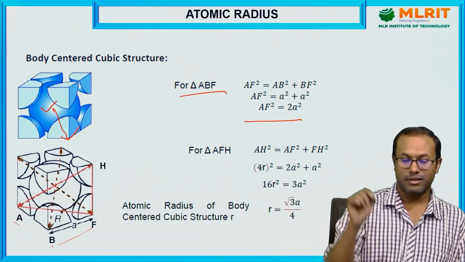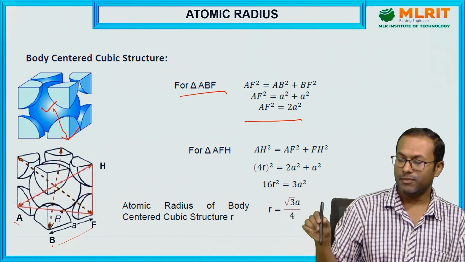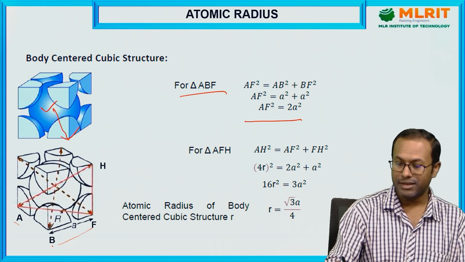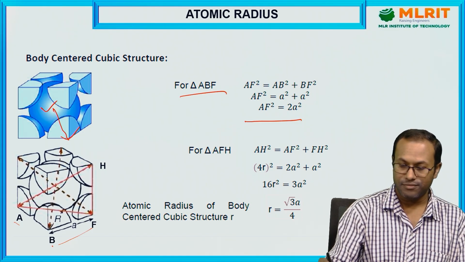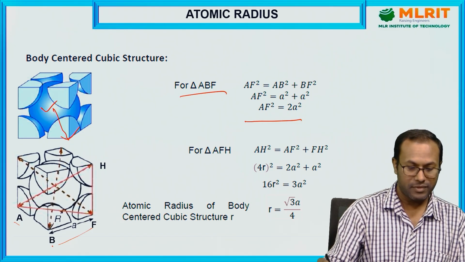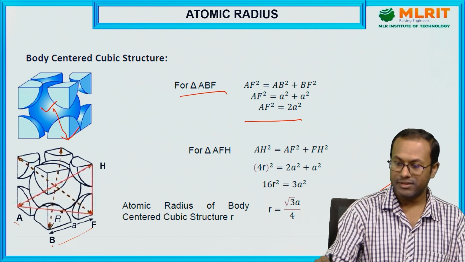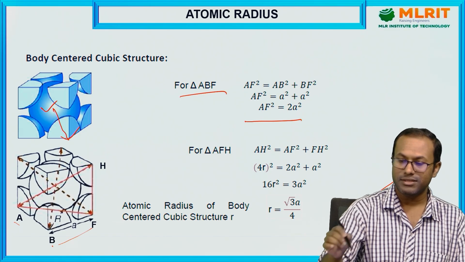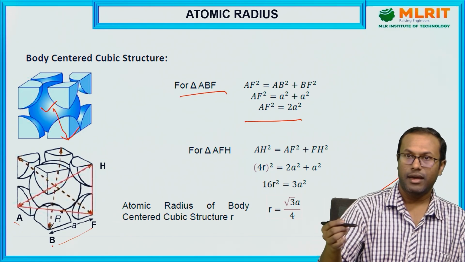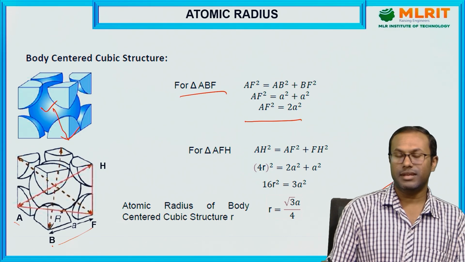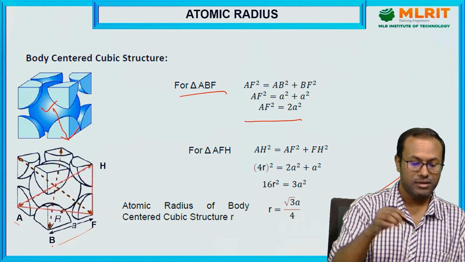Now what is the other triangle? We have already figured out the distance on the floor from ABF. Now another atom is floating in the middle.